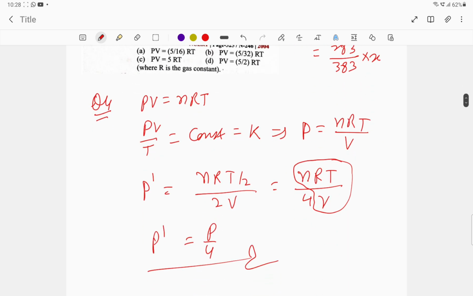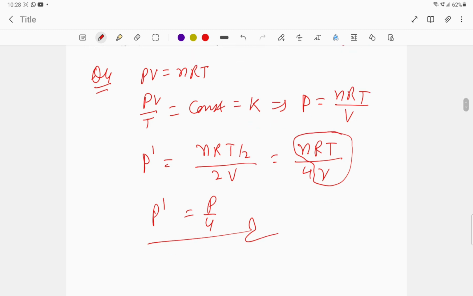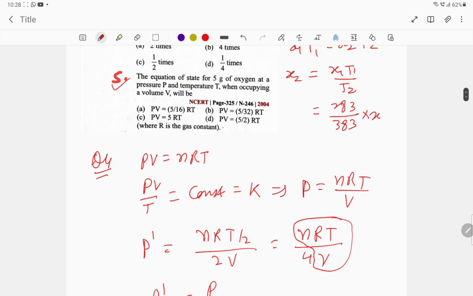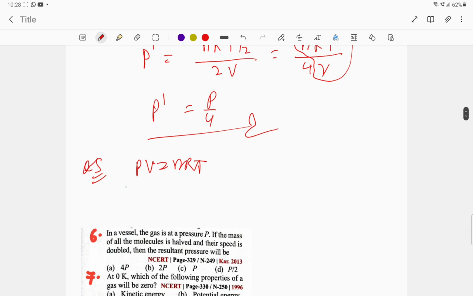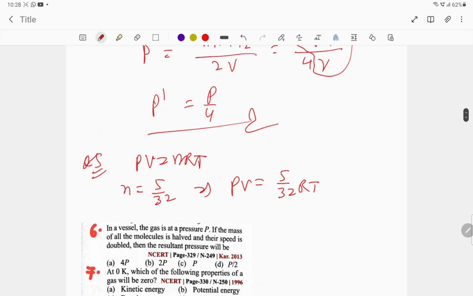So we know that PV is equal to nRT. Here it says 5 gram of oxygen at pressure P, temperature T, when occupying the volume V. It is 5 gram of oxygen, so the number of moles is equal to 5 upon 32. So we can write PV is equal to 5 upon 32 into RT. So this is the correct answer. B part is the correct answer.